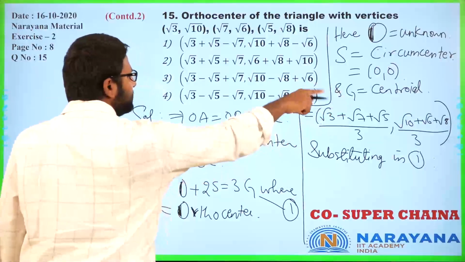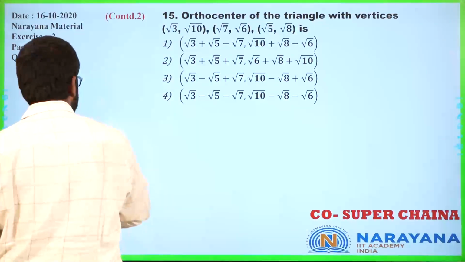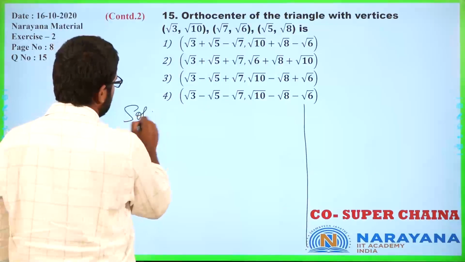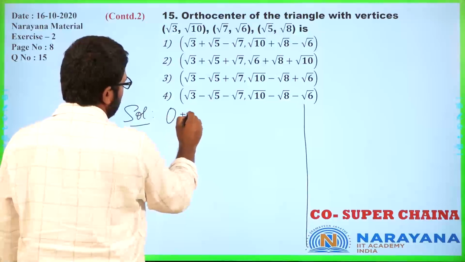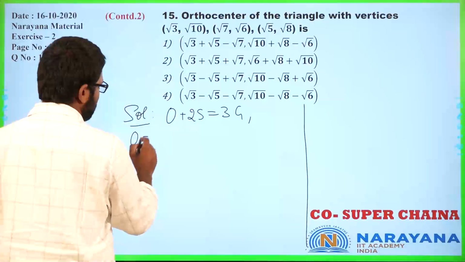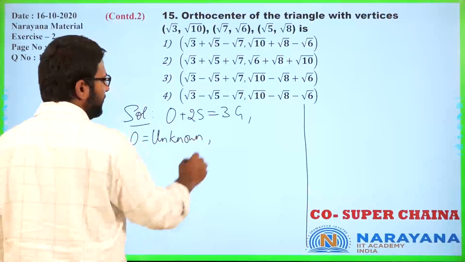Just keep in mind this is the G. What is that? O plus 2S equal to 3G, where O equal to unknown. Basically O we need to find out.